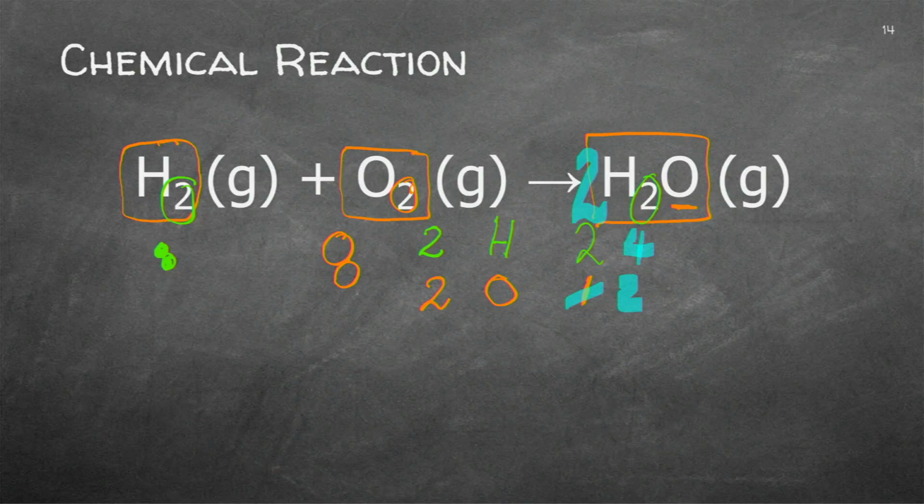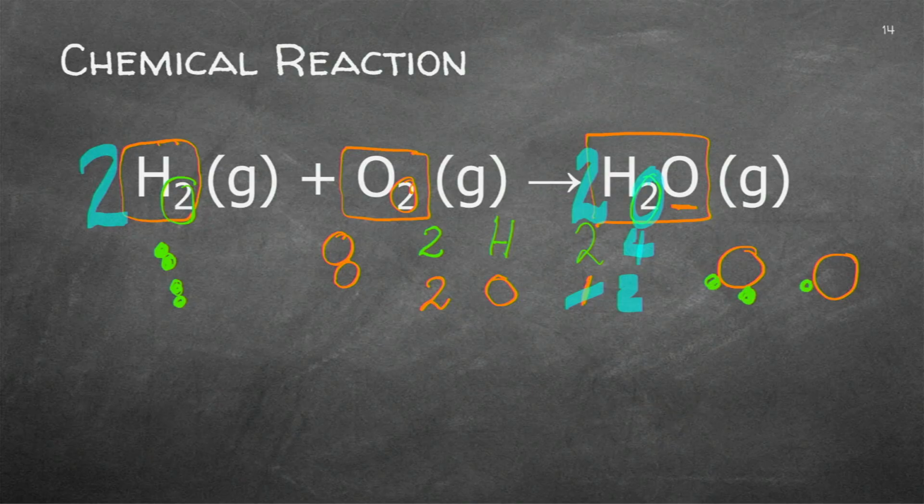Can you see that? 2 times 2, and then I'll have to add another 2 there. Now let's just go back and see. I now have 2 of these molecules, and I've got 4 of them here, and this will probably look like this. So I've got an oxygen and another oxygen, and I've got 2 hydrogens there.